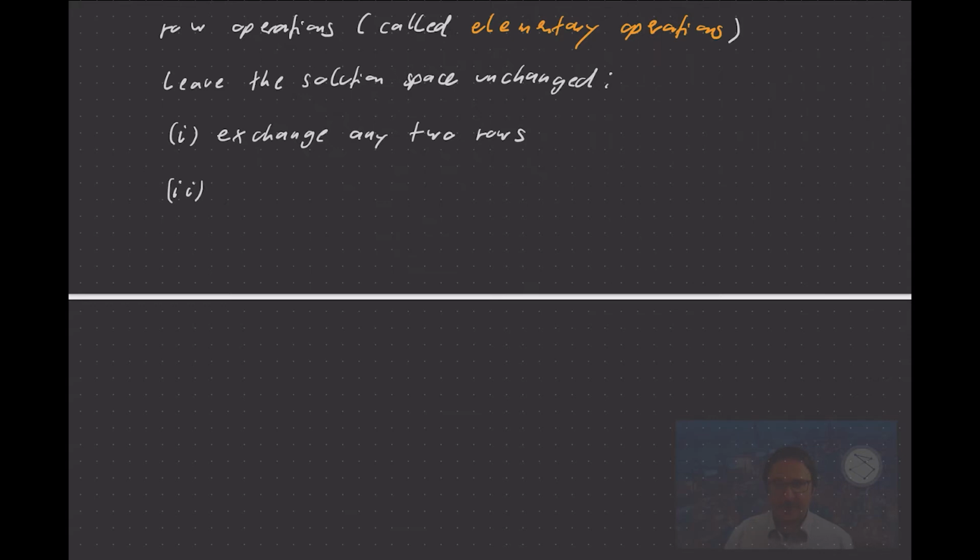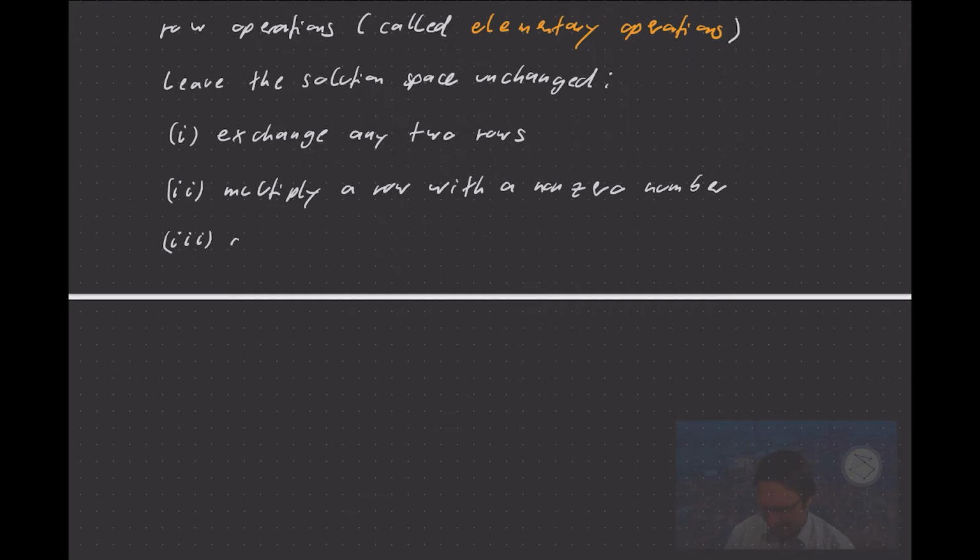The second, we can multiply a row with a non-zero number. And the third, we can add one row to some other row, or even a multiple of one row that combines that operation 2 into the summing process.